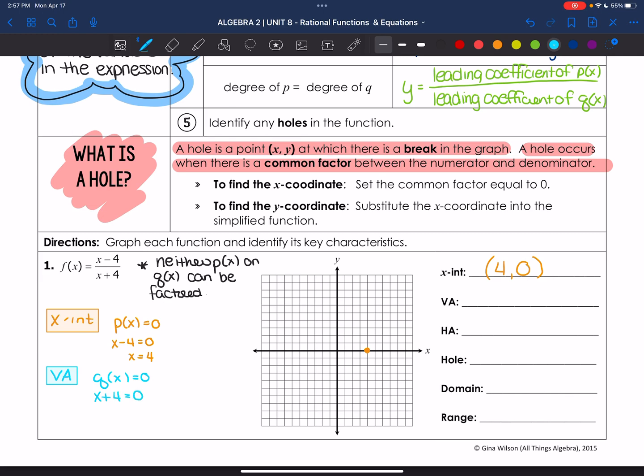And solving, I find it to be x equals -4 for my vertical asymptote. It is the equation of that line. So at -4 on my x-axis, I'm going to have this vertical asymptote.